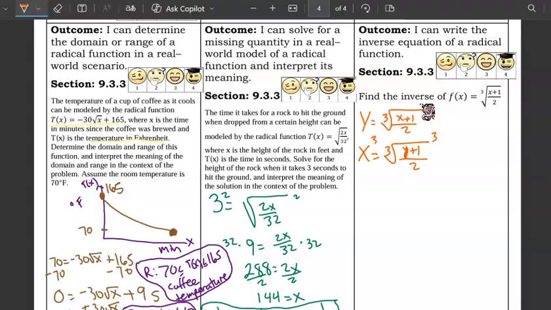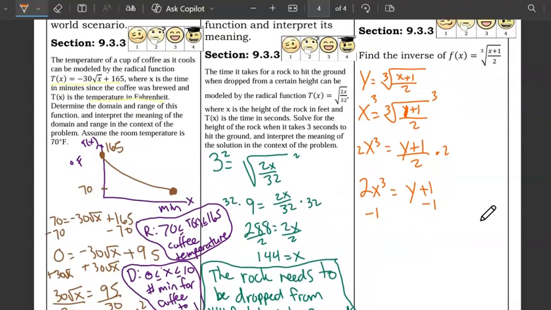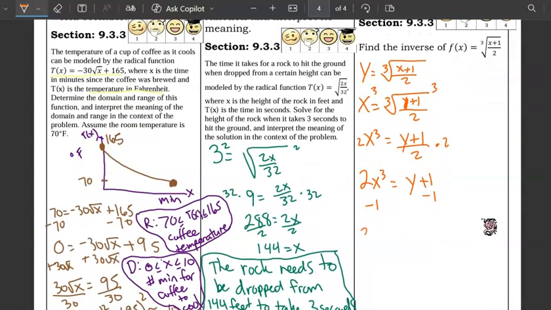Cube each side. Multiply by 2. Subtract 1. And then let y equal f inverse of x.